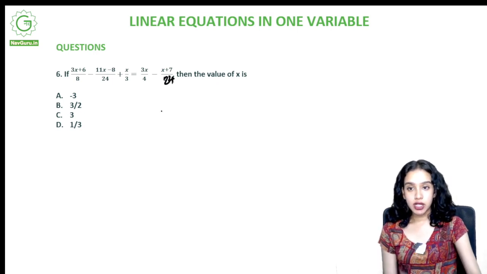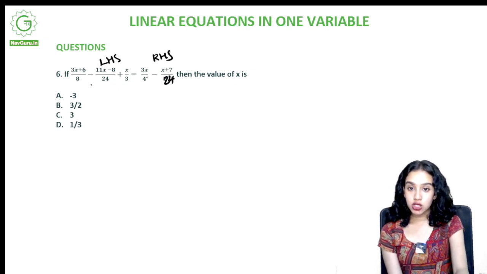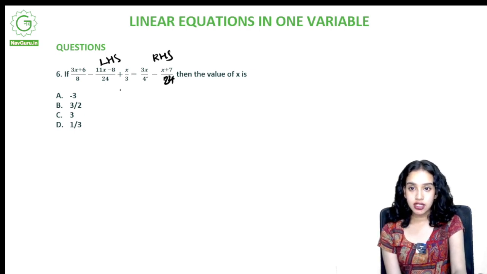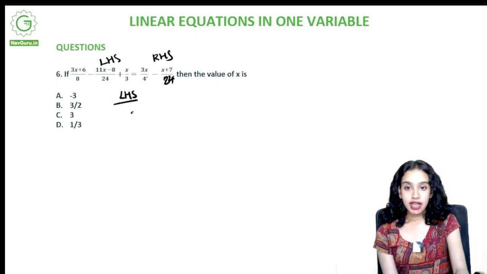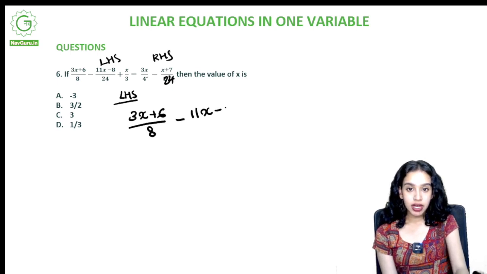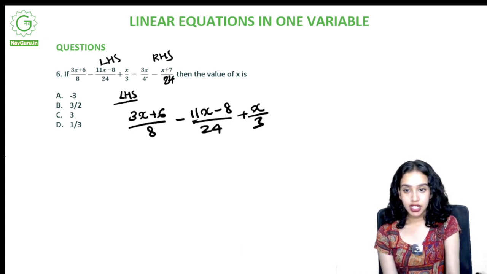So let's solve this question. This is the left hand side and this is the right hand side, right? To prove this equality, we have to find that left hand side is equal to right hand side, right? So let's solve for the left hand side first. We have 3x plus 6 by 8 minus 11x minus 8 by 24 plus x by 3, right?